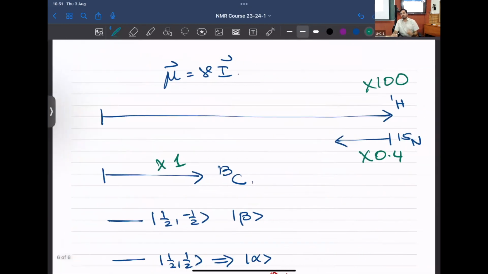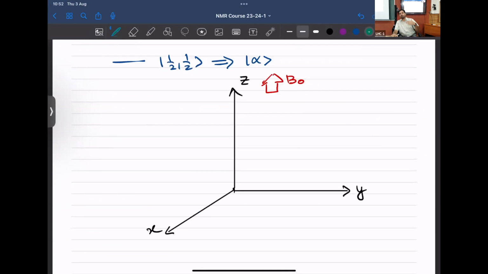Correct? Similarly, we would tend to assume whatever has the lower energy would be the most stable orientation, right? For some purposes, let me write: the alpha state is oriented at an angle with respect to the main magnetic field, right? These are not classical magnets, so they're not going to align parallel or anti-parallel. They're going to align at an angle. That's what we are trying to interrogate right now. So this is the alpha state.